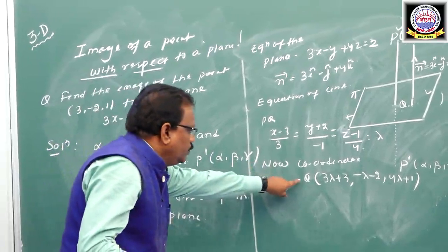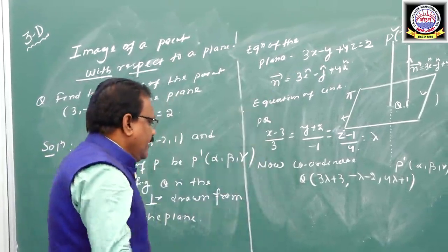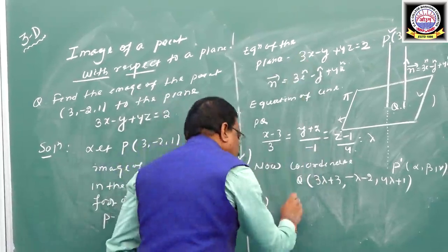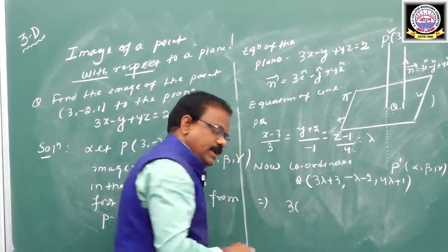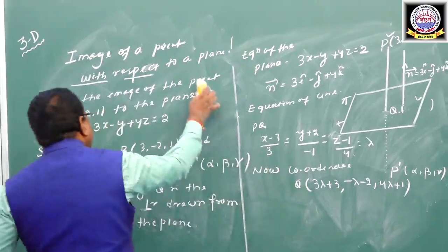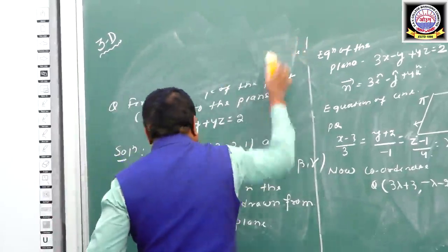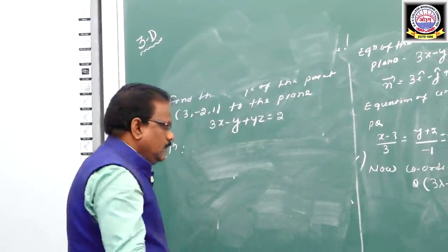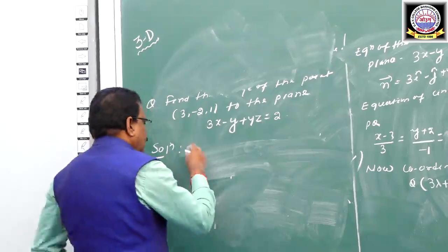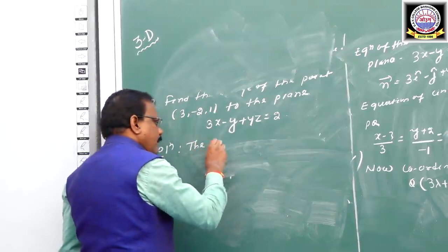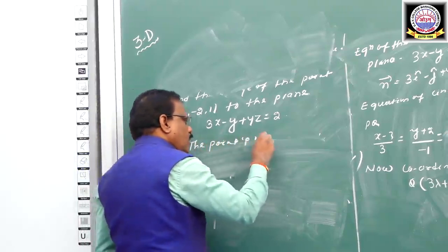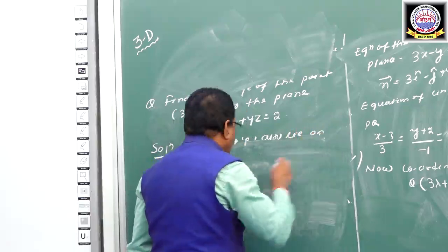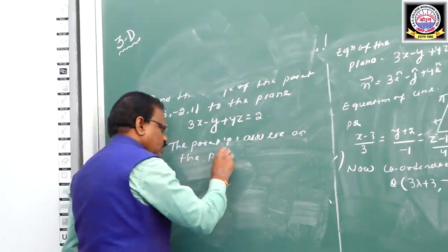Now put the point Q on the plane. So the point Q coordinate will satisfy the plane. The point P also lies on the plane, so it will satisfy the equation.